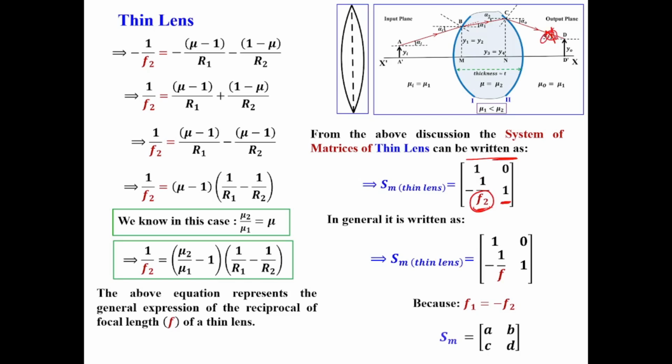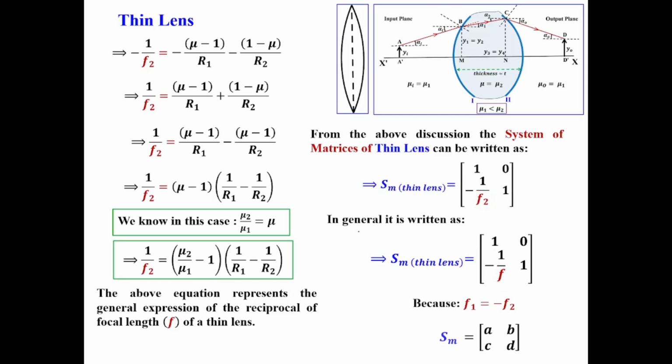That means on this side generally we have the first focal point f1, and the corresponding focal length from focal point to principal point is f1, but this side is f2. Okay, so in general f2 is written simply as f. Right.